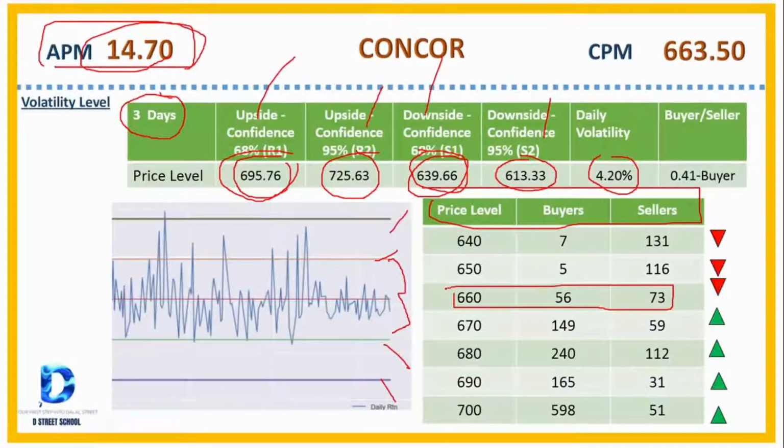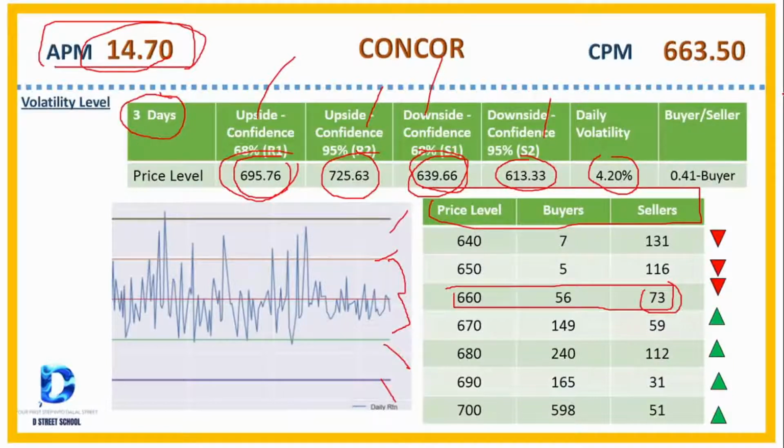At the 660 level, buyers are at 56 and sellers are at 73, so sellers have the upper hand, marginally higher than buyers. When you check the 670, 680, 690 levels, you can see buyers predominate over sellers. We cannot come to a conclusion using these facts, so I just want you to fully concentrate on the volatility levels, which is a statistical concept.